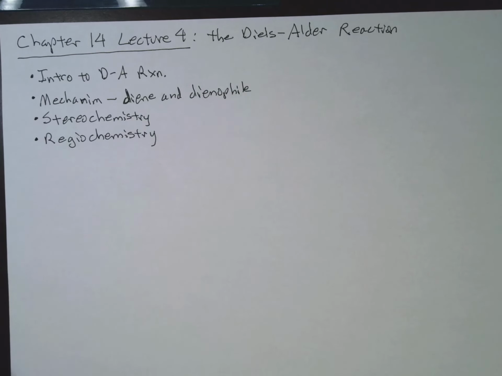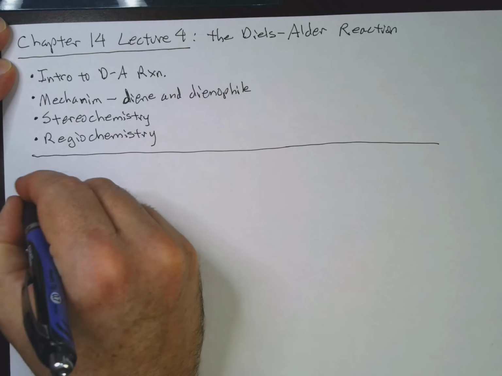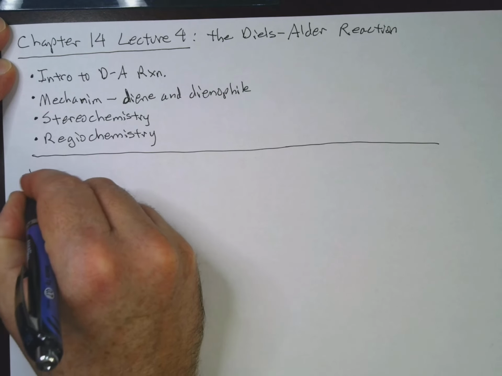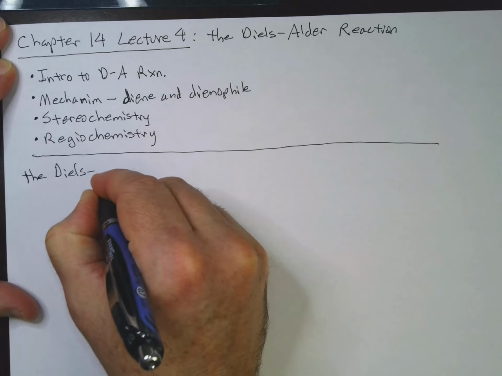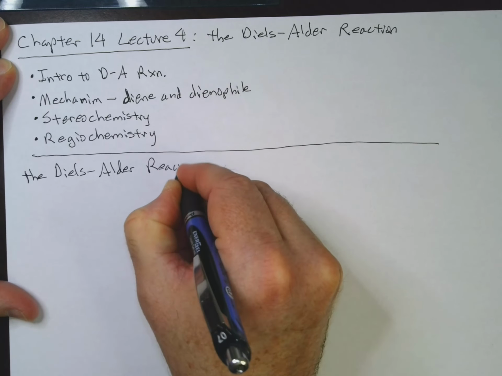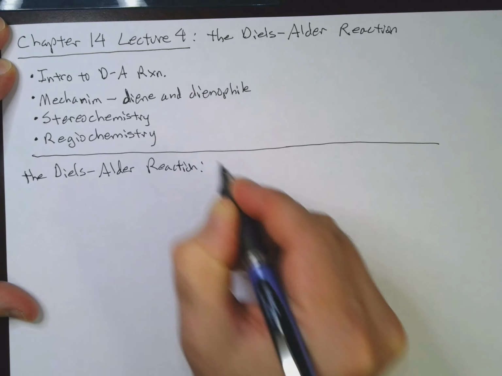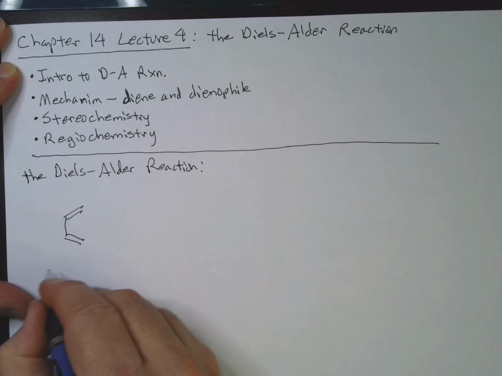Okay, so let's see here. Why don't we start off with the basic Diels-Alder reaction? We'll have something that is a conjugated diene.